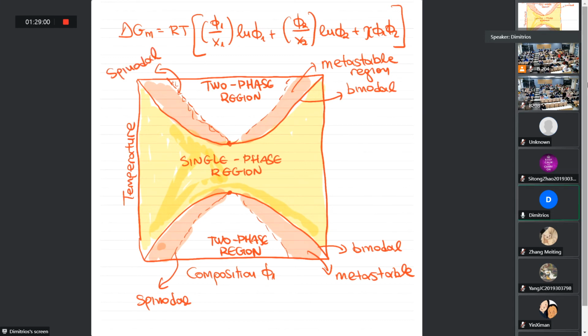Okay, let me paint this one as well. Here we have the two-phase region, where essentially in the two-phase region, what do we say? The blends are immiscible, okay? There is not a continuous mixture in this case, but there is the presence of both polymers clearly within the blend. So we create these immiscible structures in our blend, okay?